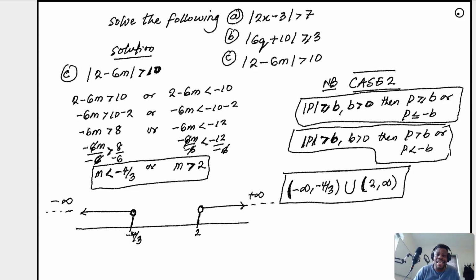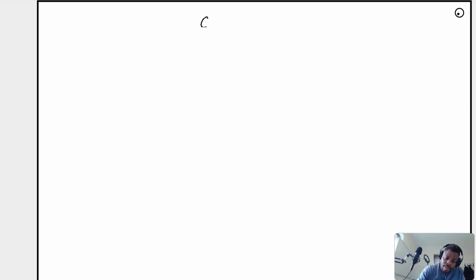Now, let's take case 3. In this case 3, we are going to have 2 conditions, okay? Because for case 3, we are dealing with this one or this one. Less or equals to, or less than. But why are we going to check or use 2 conditions?